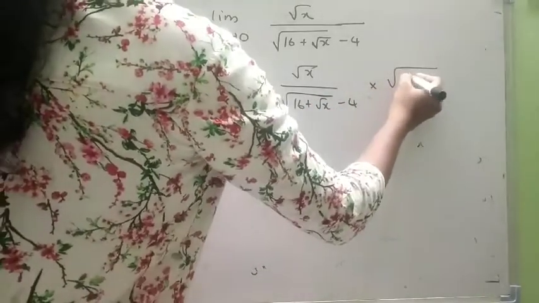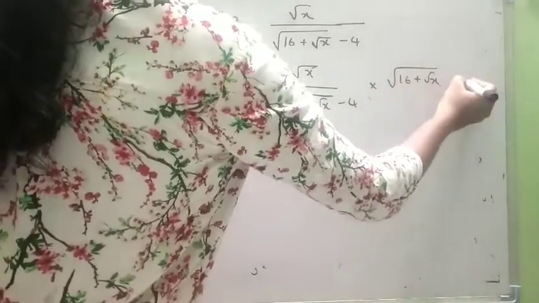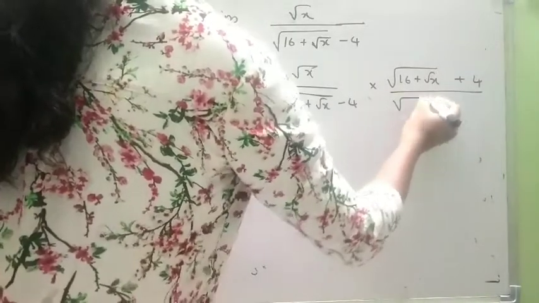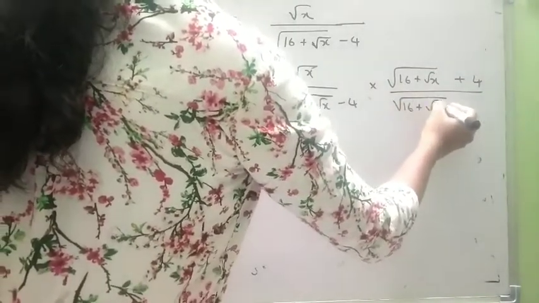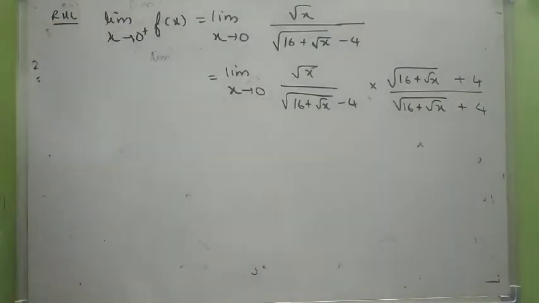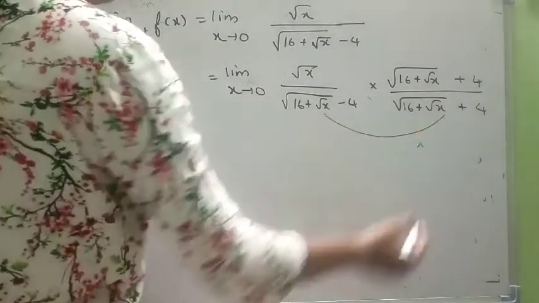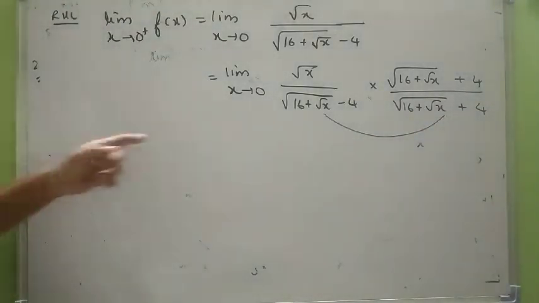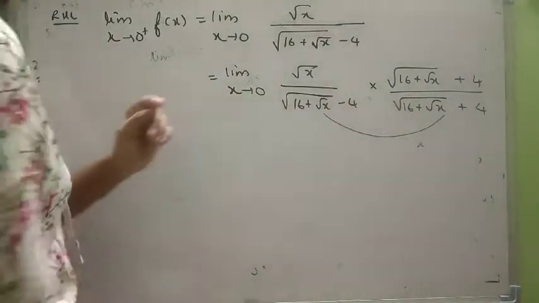Multiply, so this will be plus 4. Okay. Now it will be in the form of a minus b into a plus b. So that will be a square minus b square.